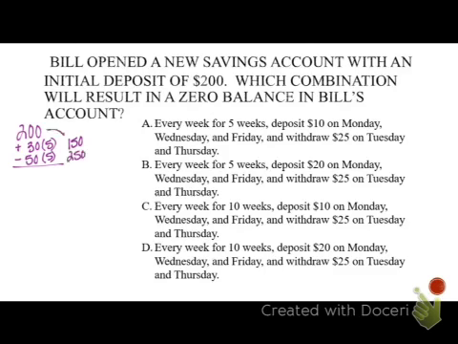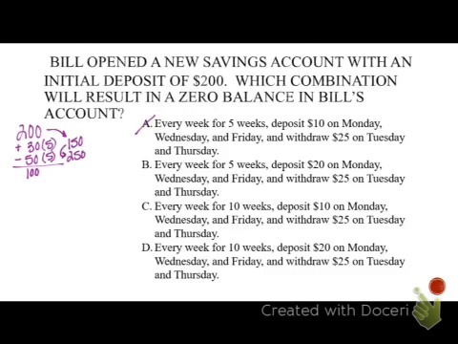So we're taking 200 and adding 150 to get 350, and then we are subtracting 250, leaving us with $100. So A would not be our answer.